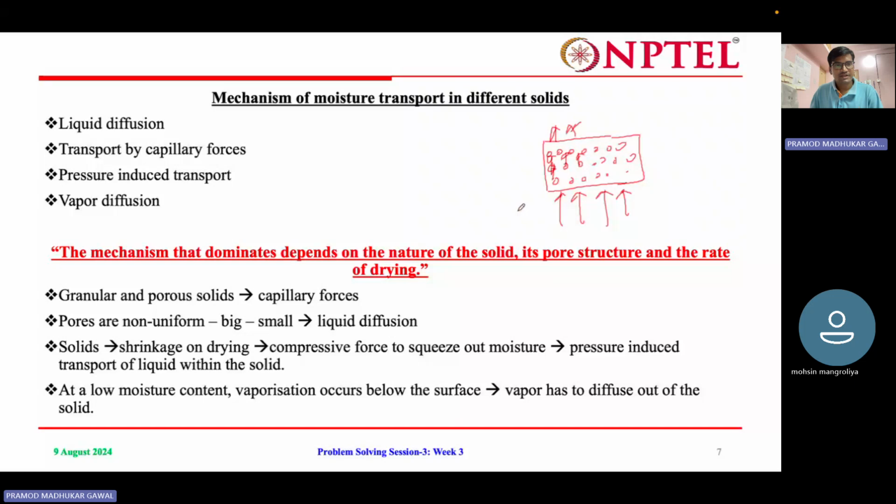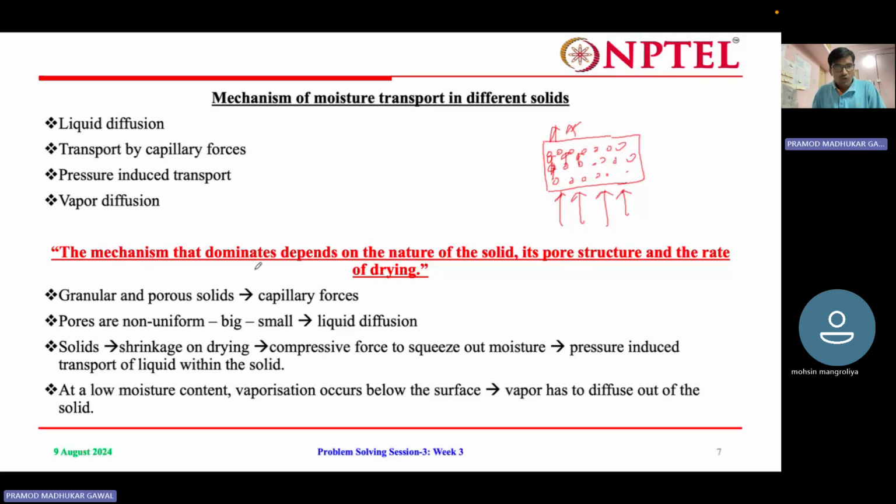Then pressure induced transfer occurs when we provide hot air at high flow rates. And vapor deposition happens at the end. Initially the vapor goes to the environment, but at the end of the process vapor deposition happens on the solid surface.